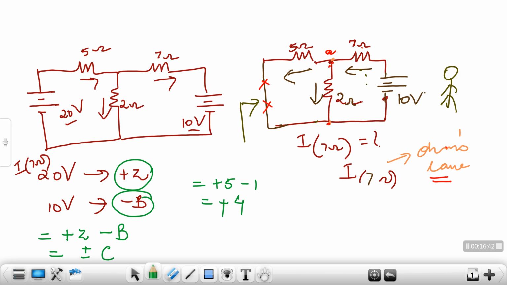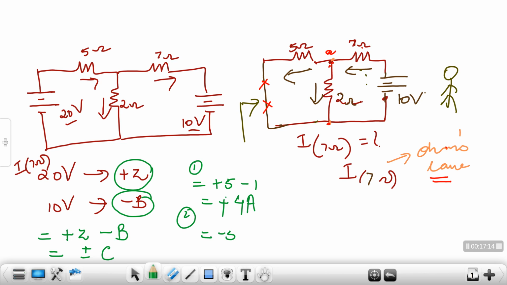If Z is greater than B, then the Z value is dominating for C and the sign will be plus, as in this case. So whatever magnitude of 4 amperes is flowing in 7 ohms when both the sources are acting simultaneously, and the sign is plus, whatever direction you have assumed over here is correct.